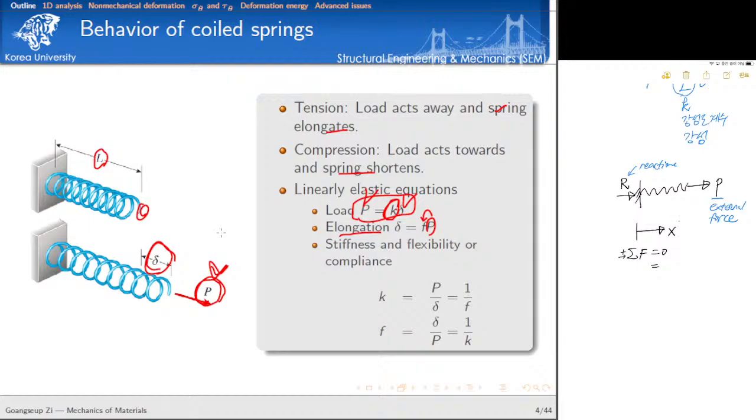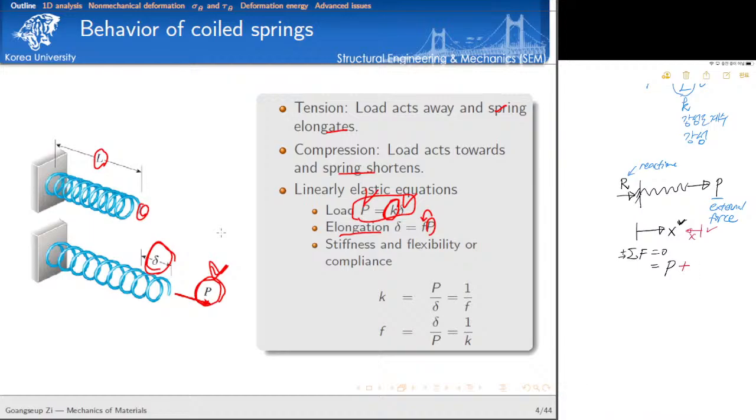So since we are using this coordinate system, the magnitude of the external force vector is what? P. This is plus P because of the choice of this coordinate system. So what if you choose this coordinate system? Then instead of P we have to write minus P. Is it clear? Okay, so everything depends on the choice of the coordinate system.